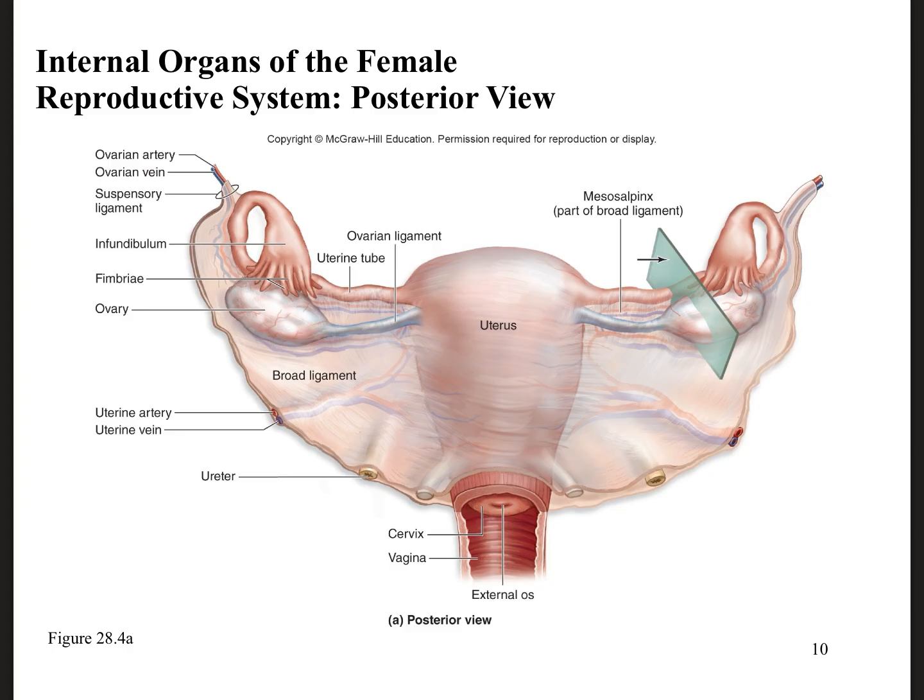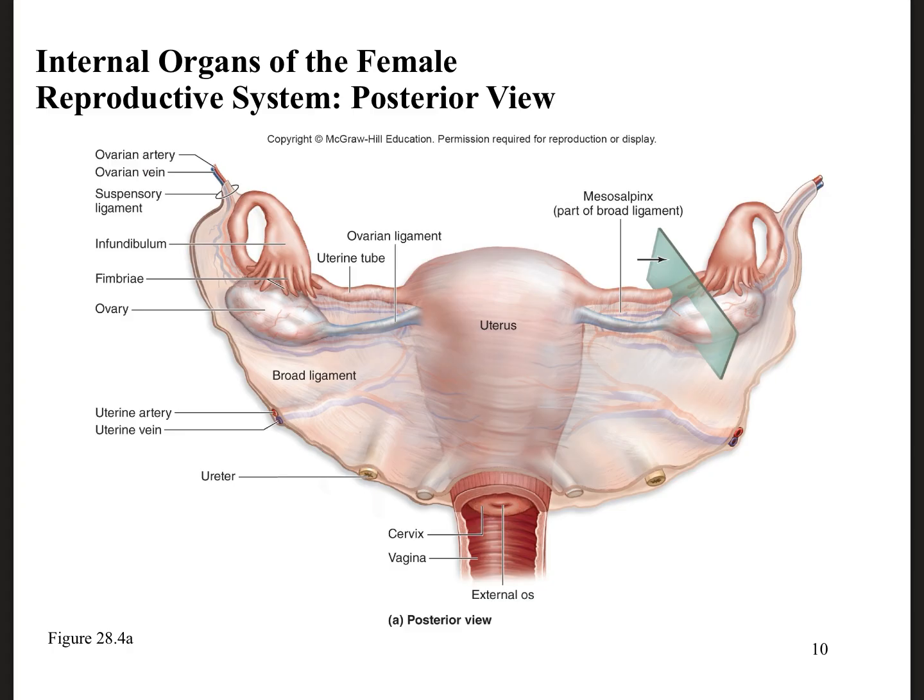Internally, the structures of the female reproductive system are held in place via a number of ligaments, right? So they're kind of sandwiched between a ligament that goes from side to side called the broad ligament, and it holds the uterus in place, also holds the fallopian tubes and the ovary.